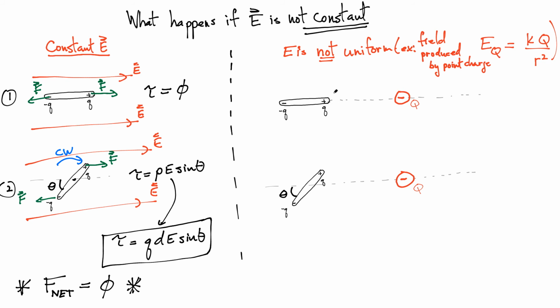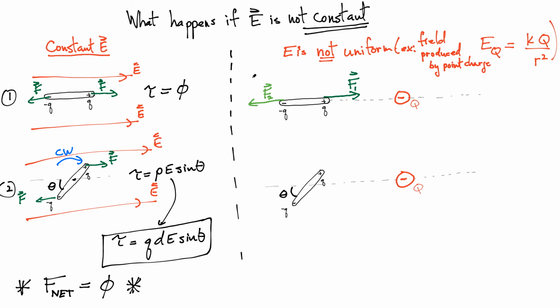You're going to have an attractive force between the positive part of the dipole and the negative charge. That's going to be a force pointing to the right. You're also going to have a repulsive force, which I'll draw in a different shade, because these two negatives will repel each other. So you're going to have another force pointing to the left this time. Let's call that F2 and call our first one F1.